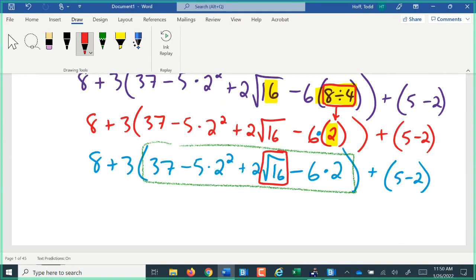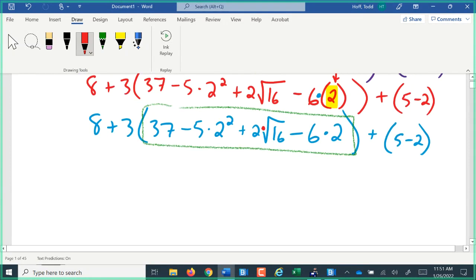Now, similar to the parentheses, those radical symbols do perform other tasks. They're enclosing symbols. They indicate a square root, but they can also indicate multiplication, just like the parentheses did. So look here, we see the 2 in front of it. That is saying 2 times whatever the result of that root is. So we have to be careful to maintain that multiplication when we do the root.